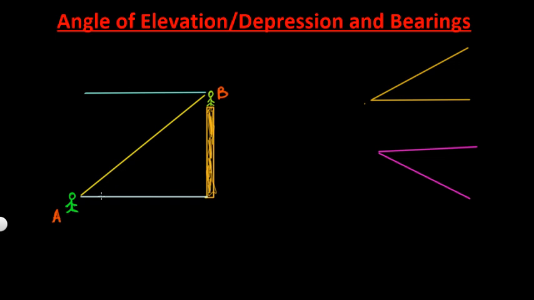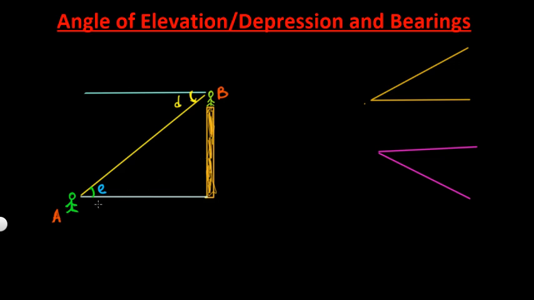So for someone on the ground looking at an object above, he will be looking at the object at an angle of elevation. While person B, standing above the ground on an object, will be looking at person A at an angle called the angle of depression.